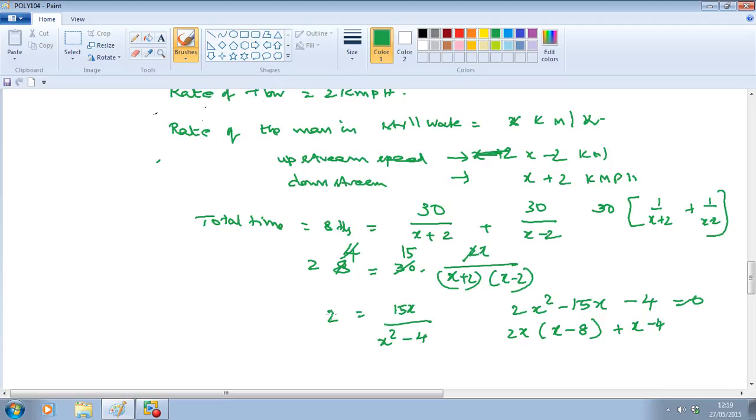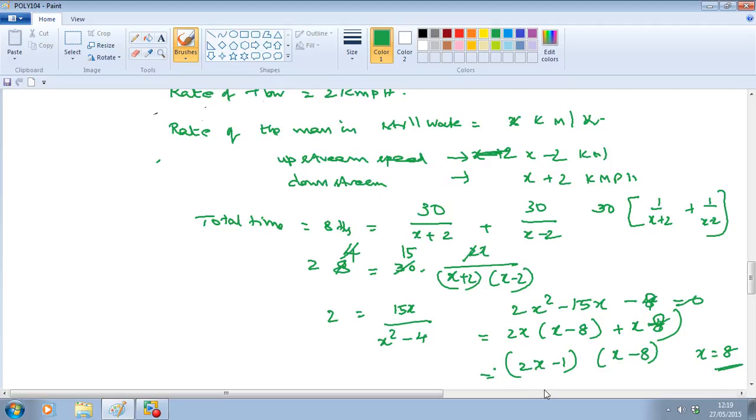Sorry, this becomes 2x square minus 8, this is minus 8. So if you solve this, you can write as 2x plus 1 multiplied by x minus 8. So x equal to 8 is the answer.